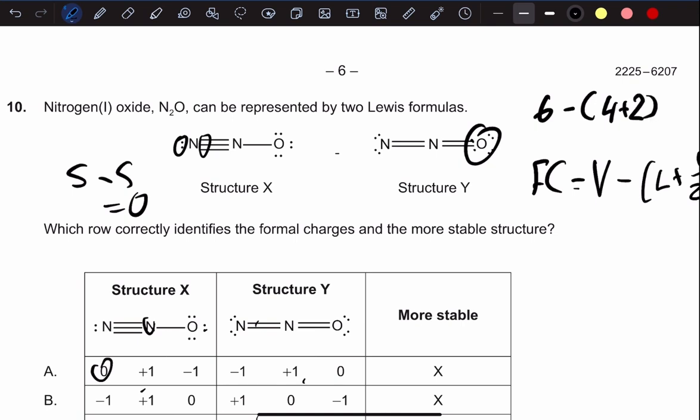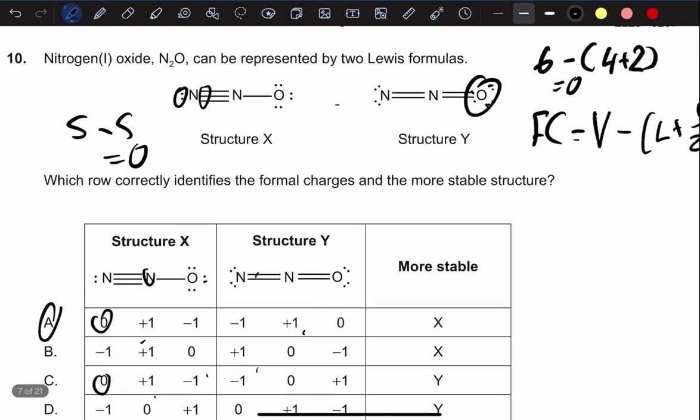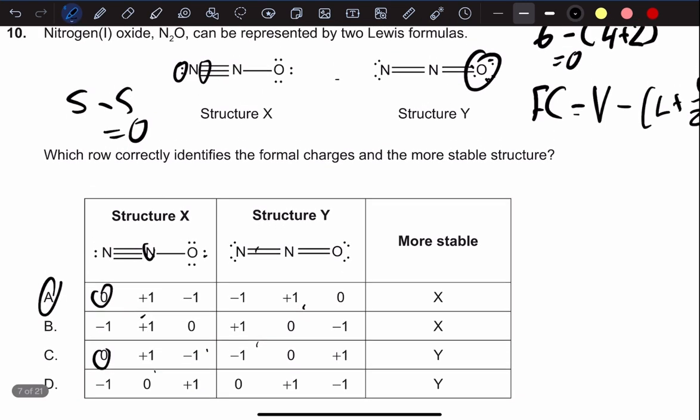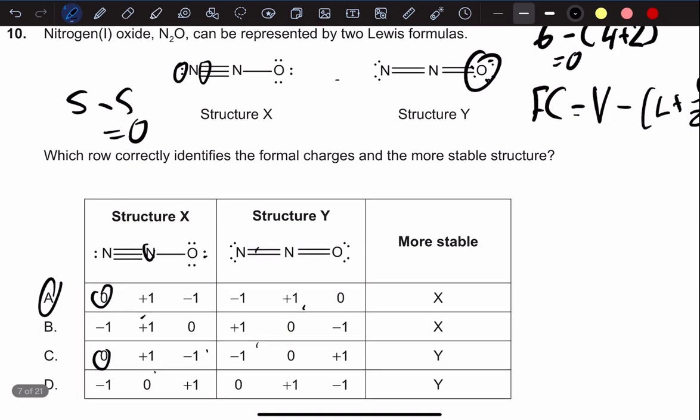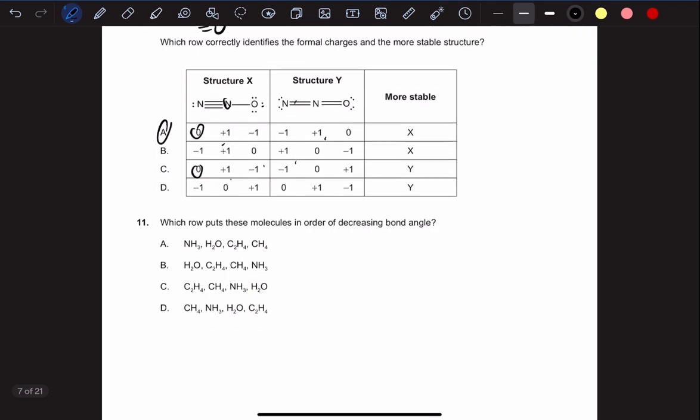So we got 2 from the half of 4, then we got 4 from the lone pairs, and so that formal charge is 0. So it's A, right? And it also affirms that X is more stable because it has the formal charge over the more electronegative element.